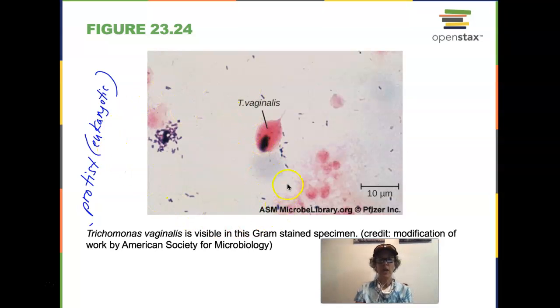This is a gram stain, but because this is eukaryotic, it is neither gram-positive nor gram-negative. It has no peptidoglycan. It appears gram-negative. Since there's not a thick layer of peptidoglycan, it stains pink. And there are also some bacteria in this sample that are gram-positive that have stained purple.